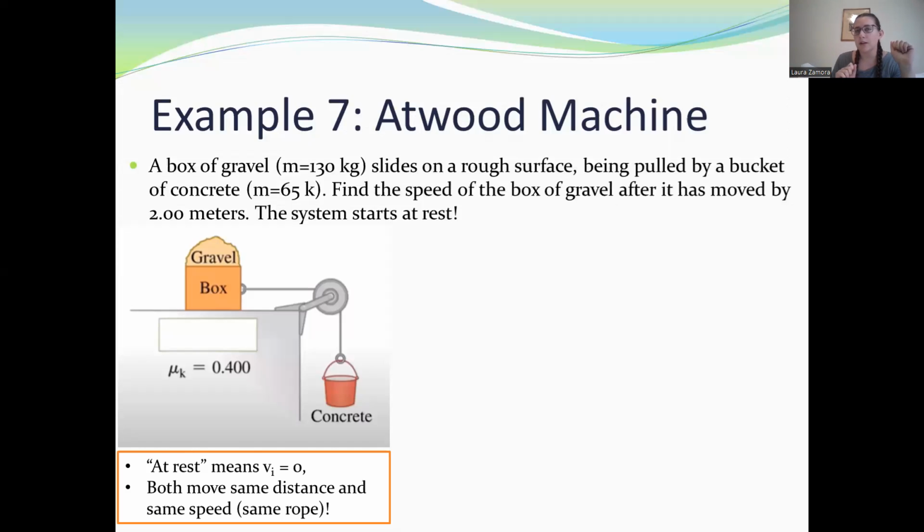And that rope, we're going to assume, does not stretch. It's not a spring, it's not a slinky or a bungee cord or anything. It's just a normal rope. So if this box is traveling 2 meters, the concrete bucket is also going to be traveling 2 meters, in this case downward. This string is not going to stretch. That also means that these two objects are going to be moving at the same speed as each other the whole time. Otherwise, this string would stretch or compress, which is not the case.